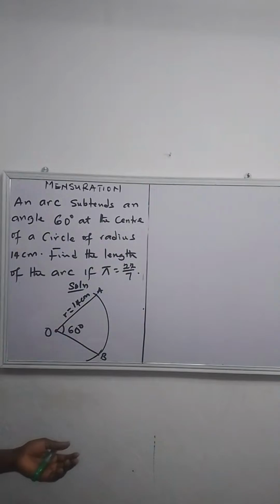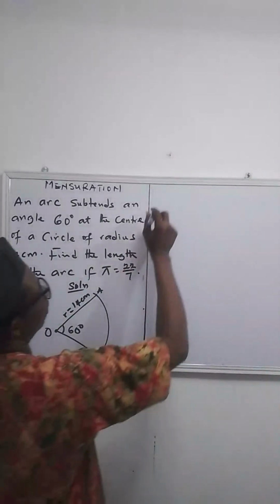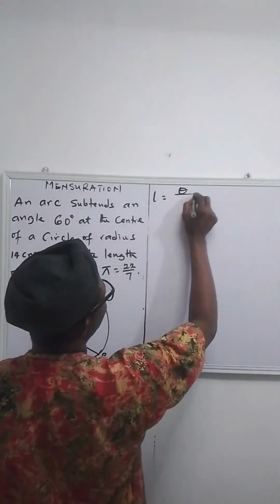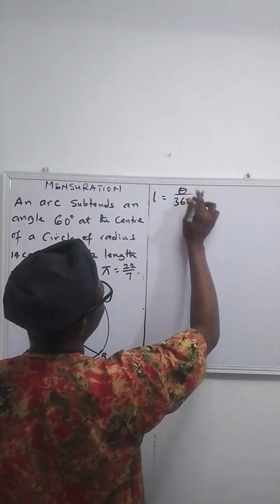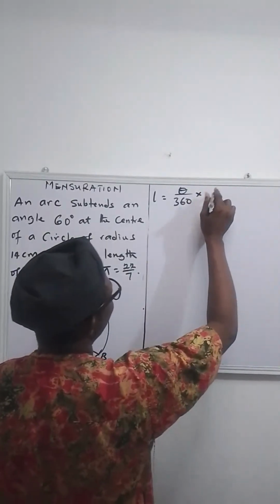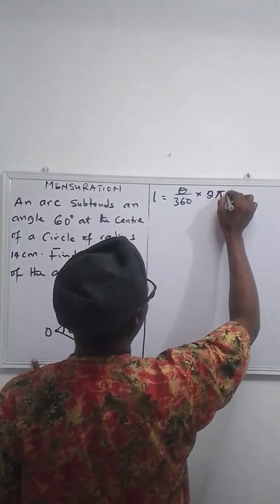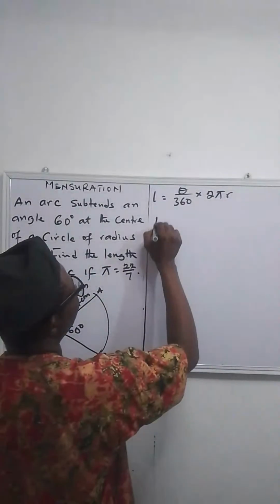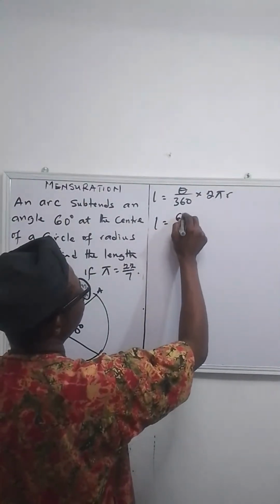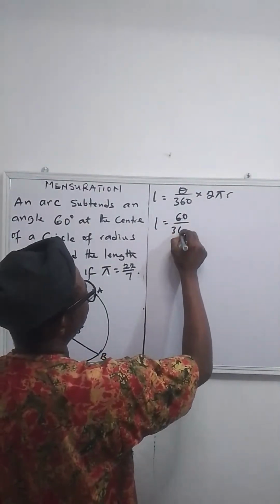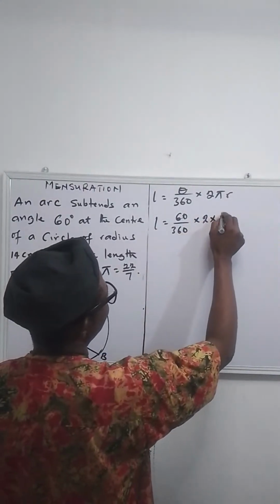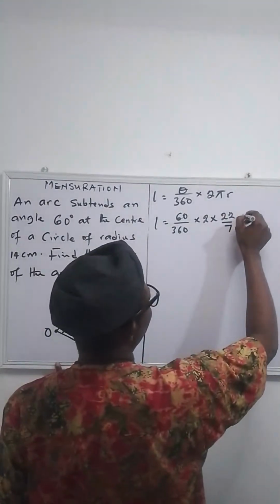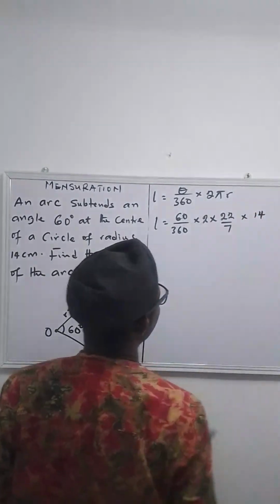So now what we need to write out is the formula. The length of an arc is theta over 360 times 2 pi r. So now we have L equals 60 over 360 times 2 times 22 over 7, which is pi, times r. R is 14.